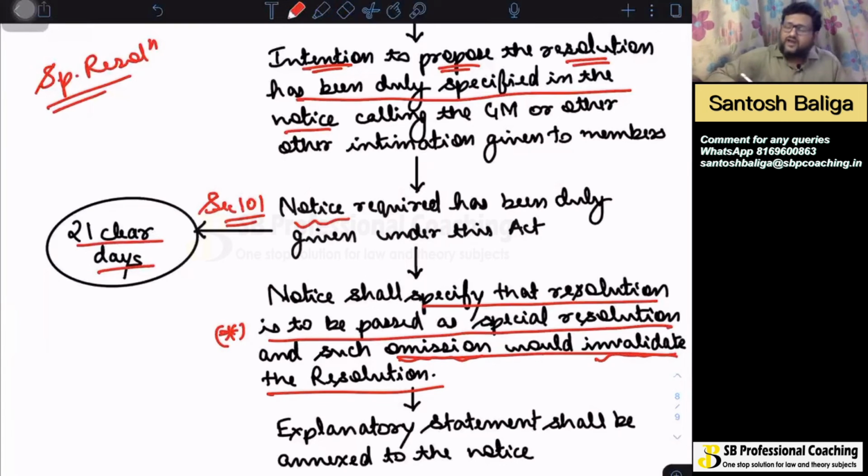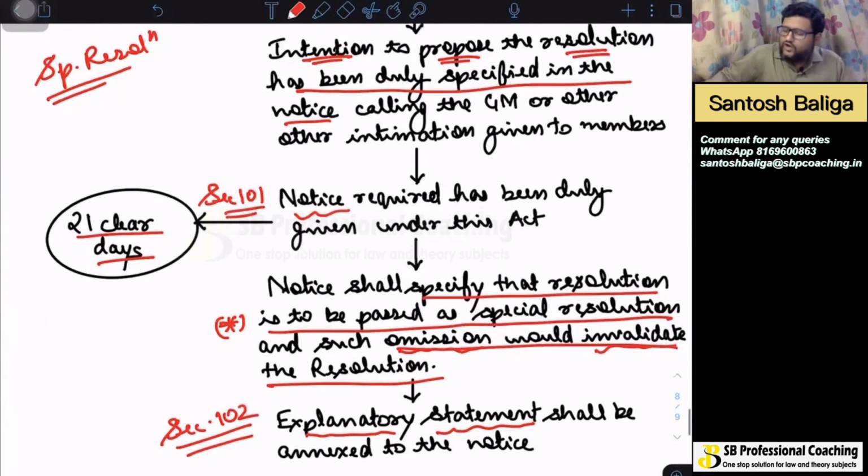Next, as I had covered under section 102, we would have to attach or annex an explanatory statement justifying the reason for such a resolution to be passed. So I hope this is also clear.